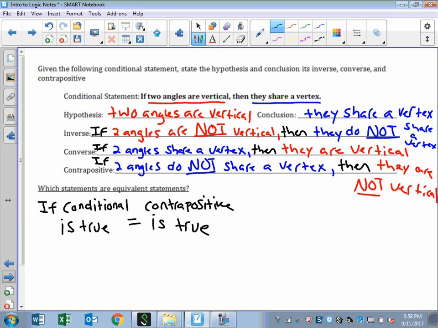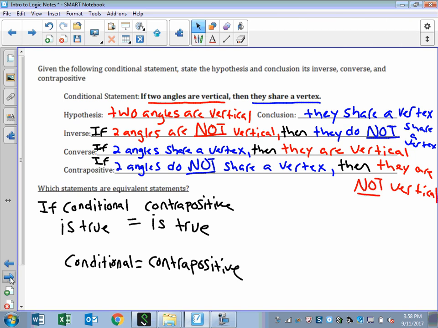So those are the two equivalents: conditional equals contrapositive. The contrapositive is: if two angles do not share a vertex, then they are not vertical. So if the conditional is true, the contrapositive is its logical equivalent.